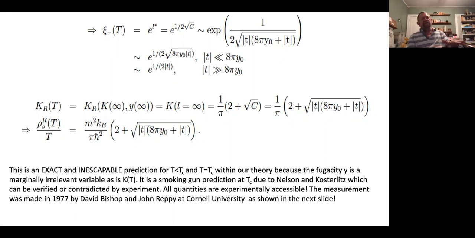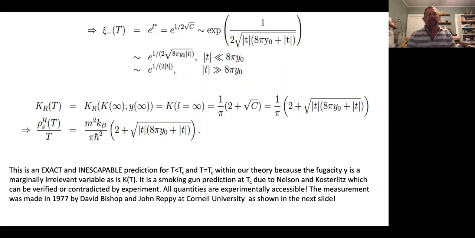A standard perturbation expansion cannot converge, because it's an expansion in the coupling constant, and those expansions are all about very singular points, essential singularities in the coupling constant, and therefore conventional perturbation expansions are at best asymptotic.